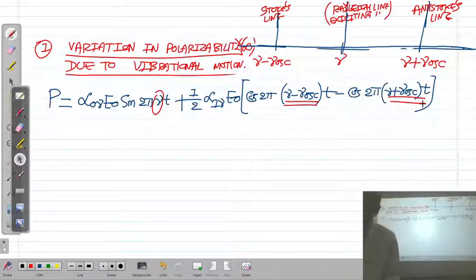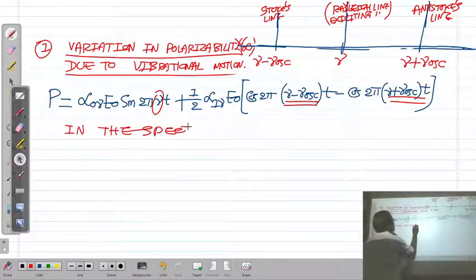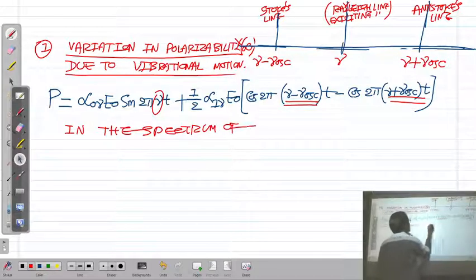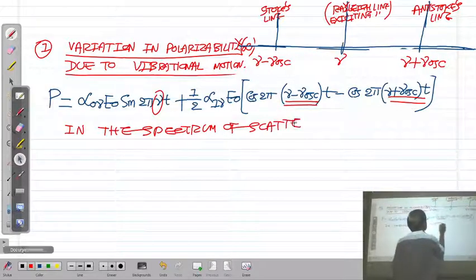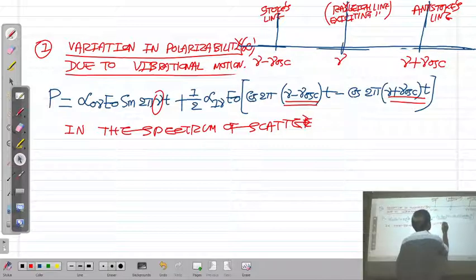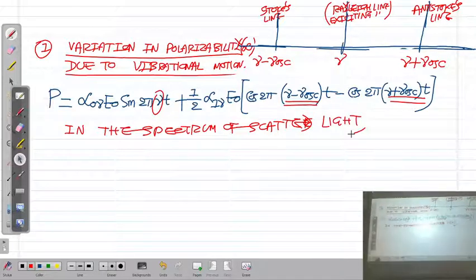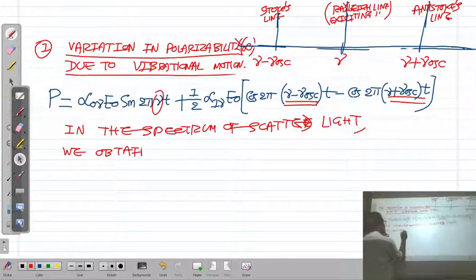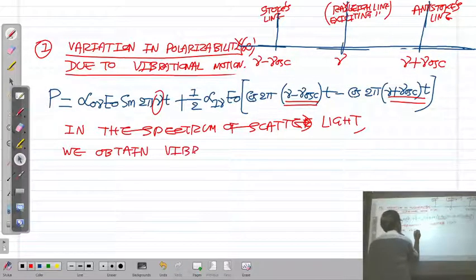So we can mention this also: in the spectrum of scattered light, we obtain vibrational Raman lines.